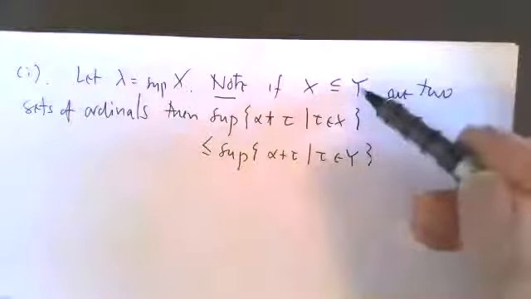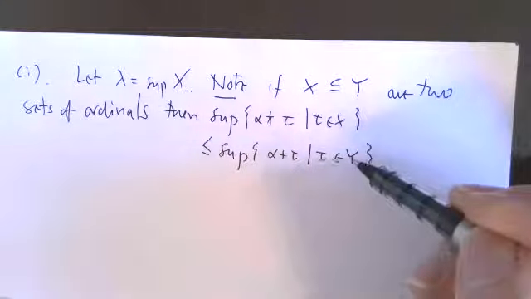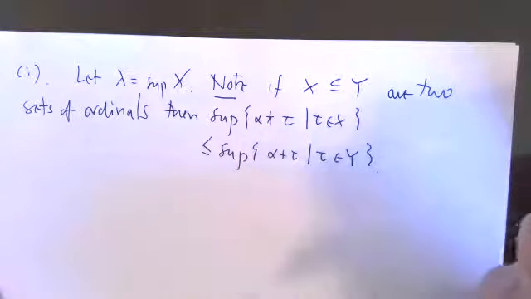There are simply more things in Y than there are in X, so this least upper bound can't be any smaller.